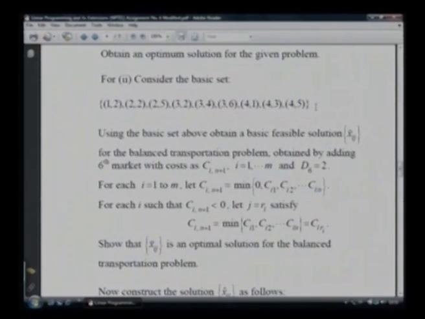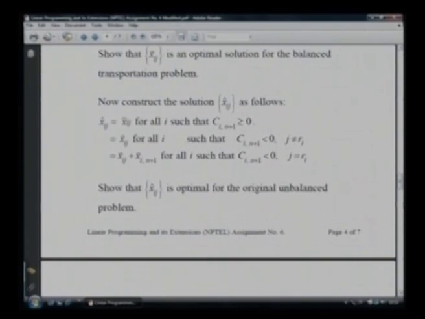So, once you have an optimum solution xij bar for the balanced transportation problem, then I am now giving you a formula for constructing a solution xij hat, and the 3 formulae are given here, and now you can show that xij hat is optimum for the original unbalanced problem. That means you now verify the optimality criteria for the unbalanced transportation problem.